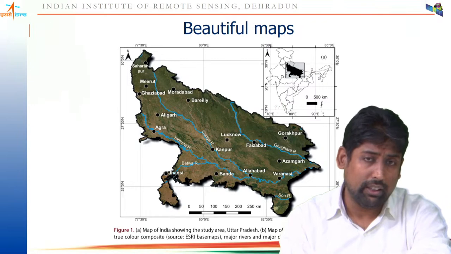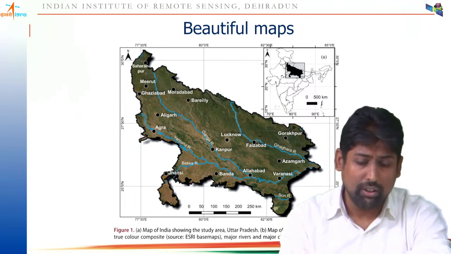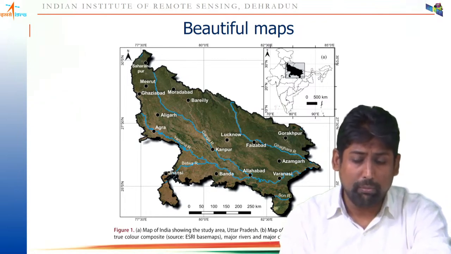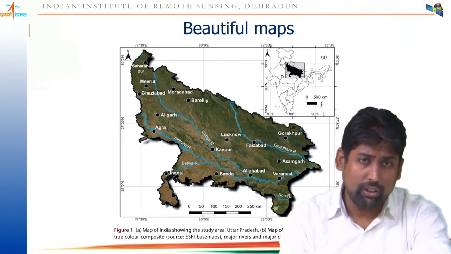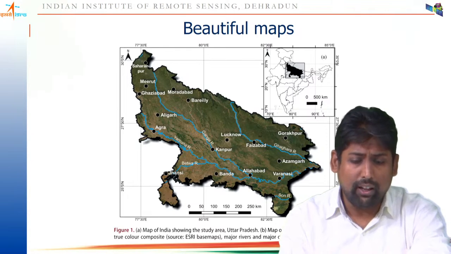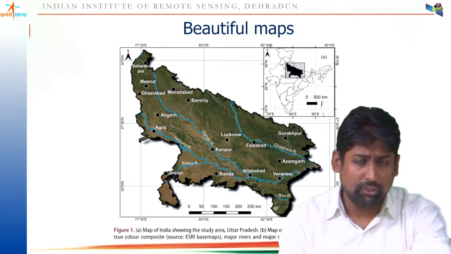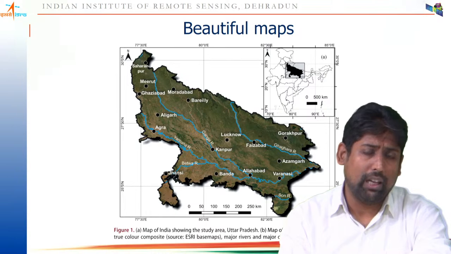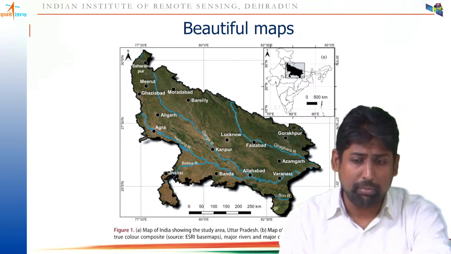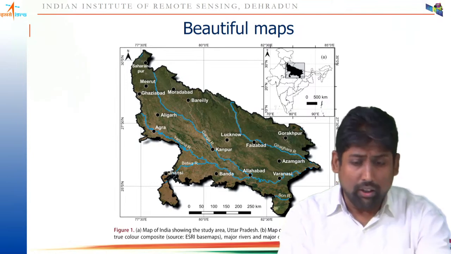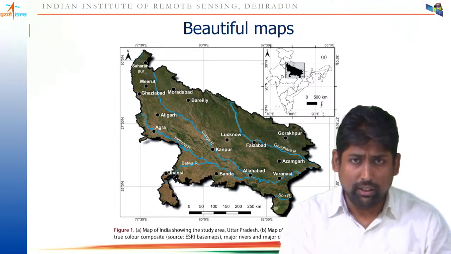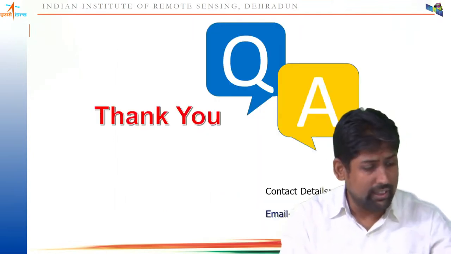And all these maps are publishable. This is a paper that we published in the International Journal of Remote Sensing, which is a high impact factor journal. And many such maps have been made and published by people in high quality journals. So that is the end of the slides that I have today.